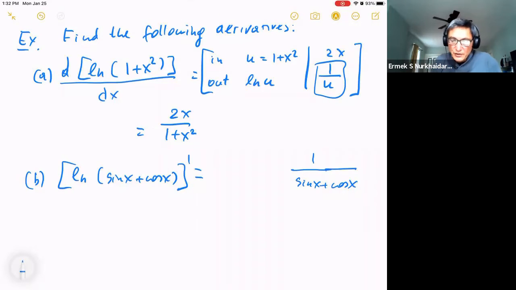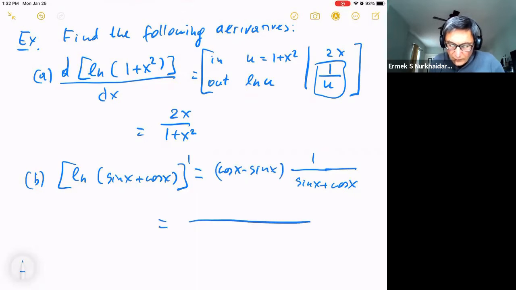And the derivative of the inside function: the derivative of sine is cosine, the derivative of cosine is negative sine. And we will write that as a big fraction, cosine x minus sine x over sine x plus cosine x. That's going to be the answer for B.